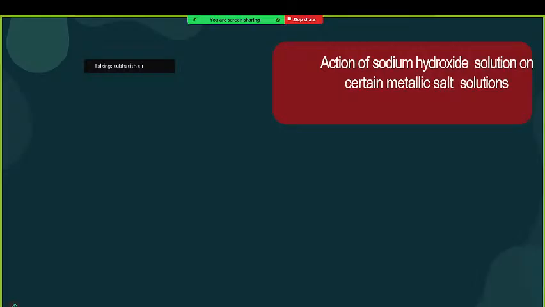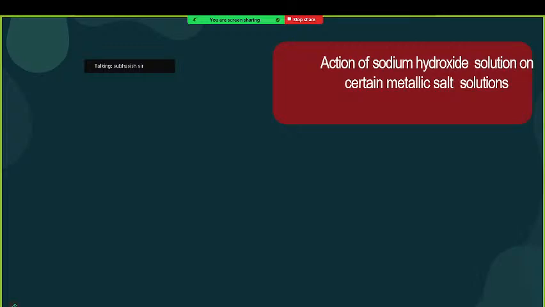Now, after the determination of color, or after some information about the salt, we have to test that particular salt chemically, by which you can confirm the presence of a particular metal cation in it.